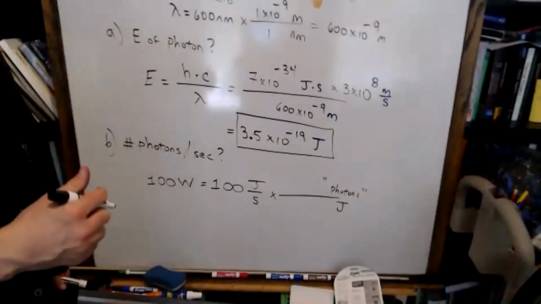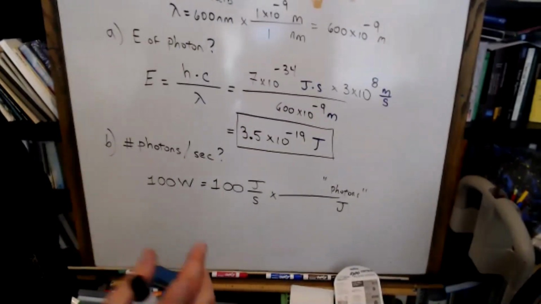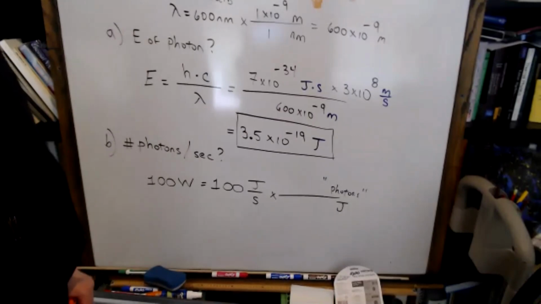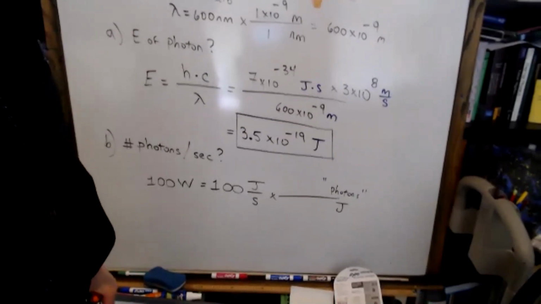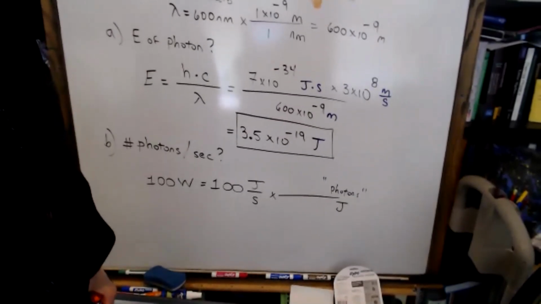Oh, it'd be 600? No. I need to convert from joules to photons or from photons to joules. How many joules are in a photon of 600 nanometer light? Would it be 6?